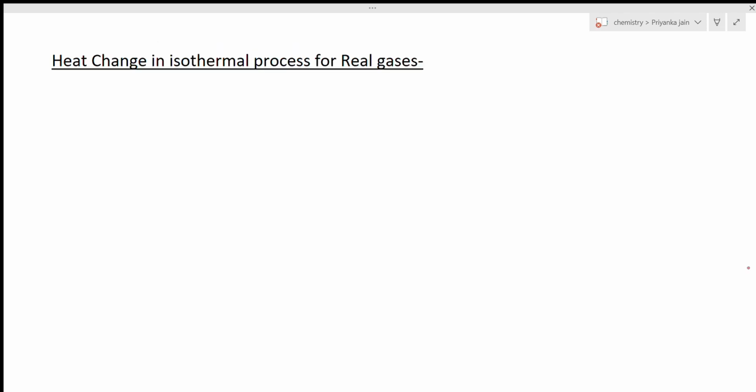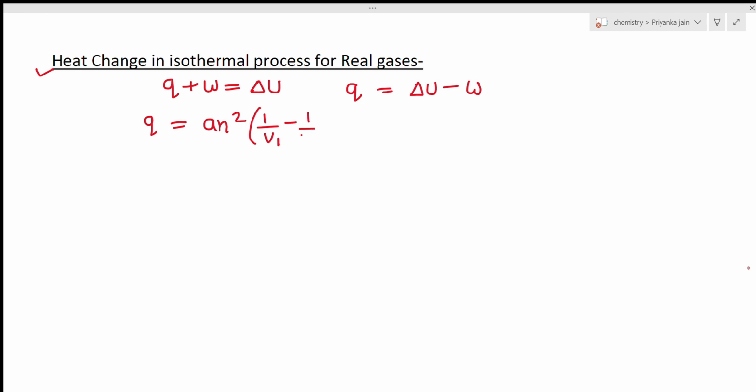Now the next thing that you have to calculate is the heat change in the isothermal process for the real gases. According to the first law of thermodynamics, Q + W = ΔU, so Q = ΔU − W. Just put in the value of ΔU. So Q is equal to a n² (1/V1 − 1/V2).